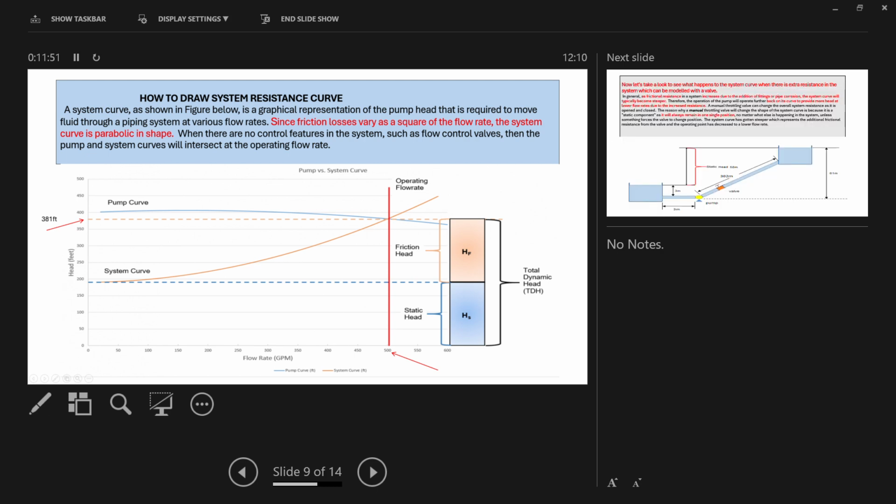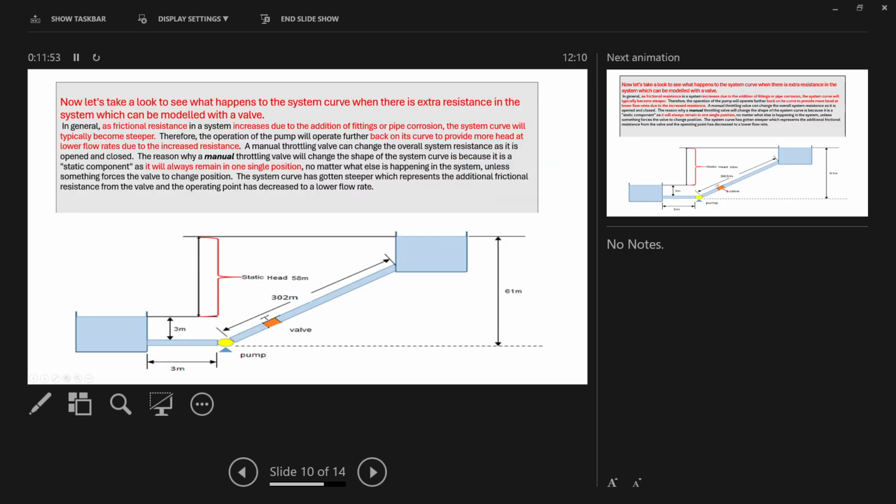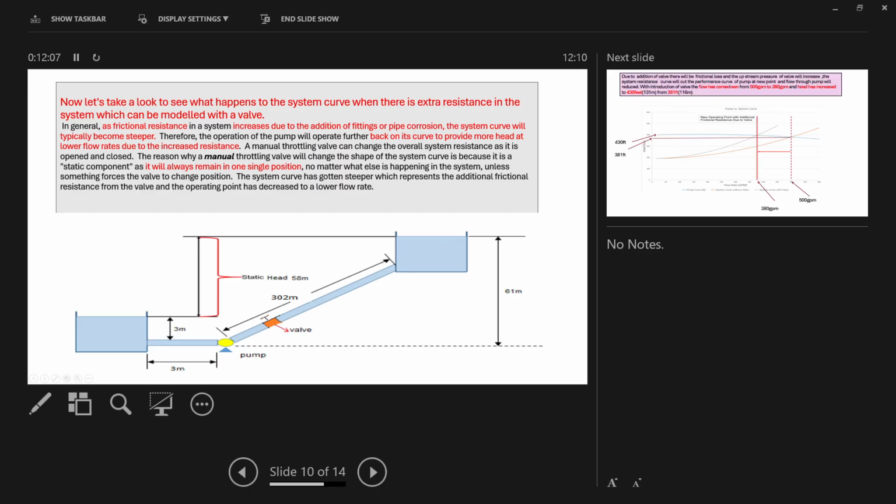You see, this is your flow, this is your head, this is your 381, and this is your flow like this. Then your best efficiency point. Now suppose you are providing a discharge valve here. When you provide a discharge valve, the friction loss is certainly going to increase.